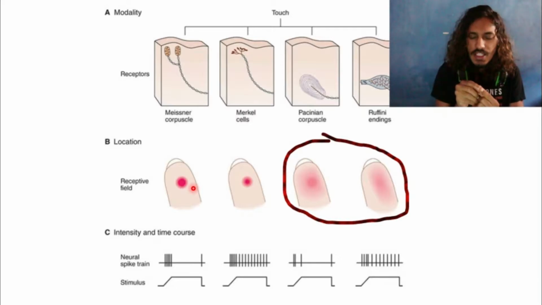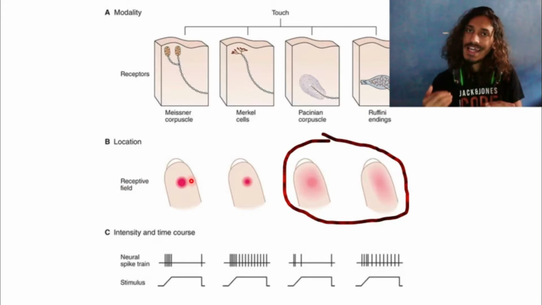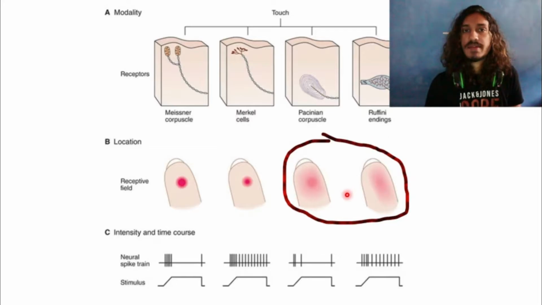So whether you touch it here or here, the difference can be made out by your brain, which can sense where it is being touched. On the other hand, if it is vague like this, the localization will be poorer. So superficial structures like this have a smaller receptive field and better localization, while those with a larger receptive field have poorer localization.